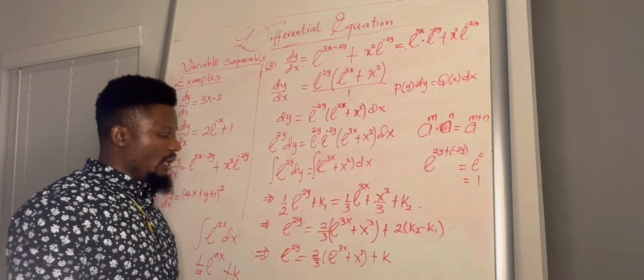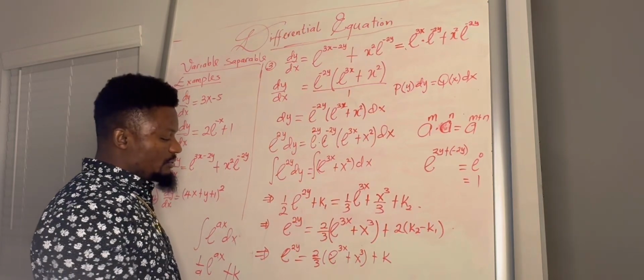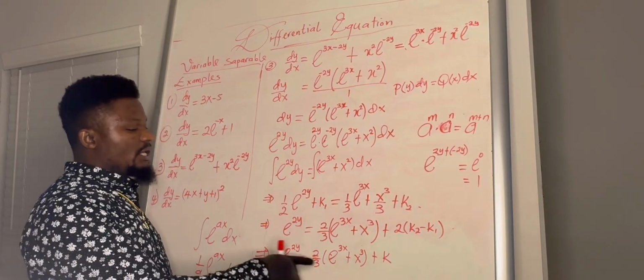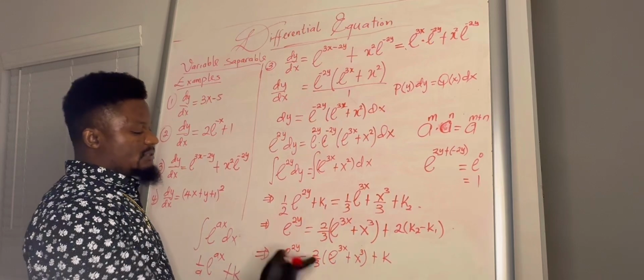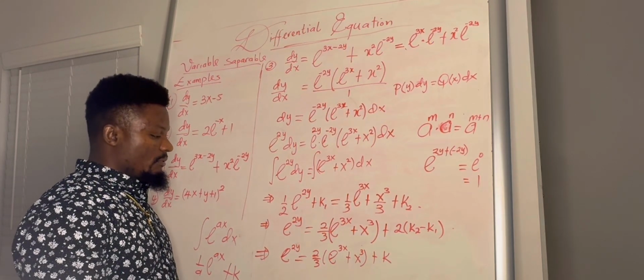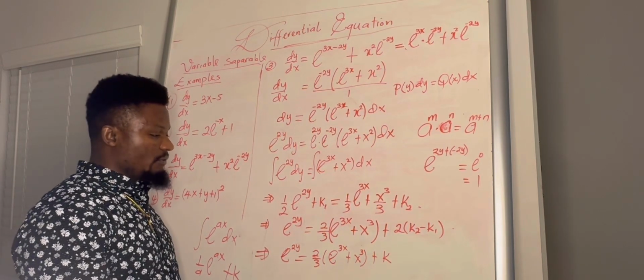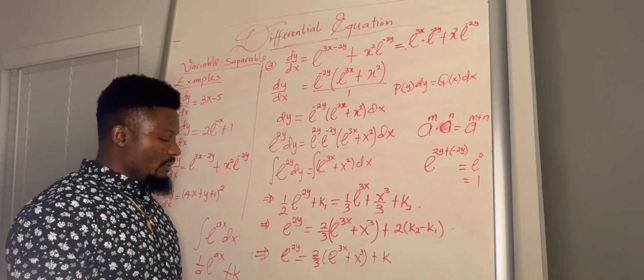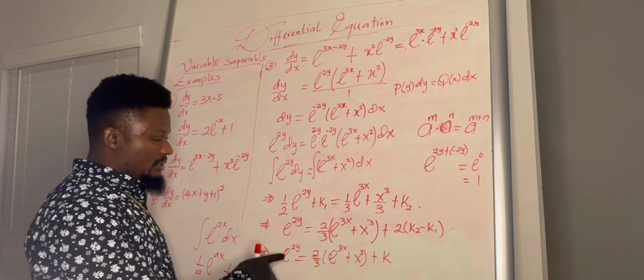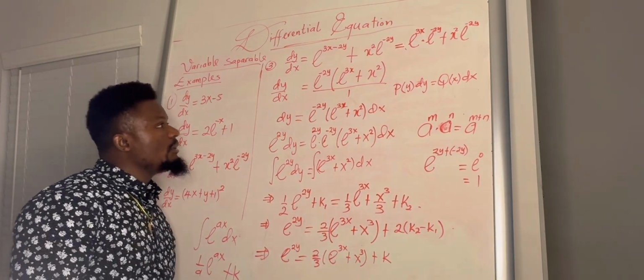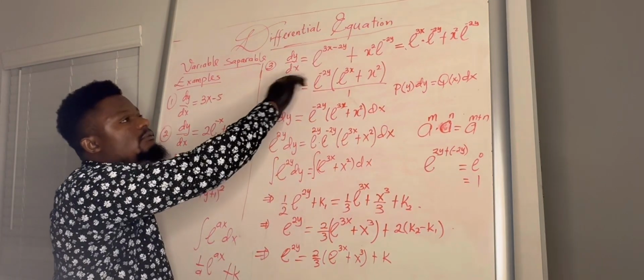It's still a constant, k. So this is the general solution of, now I can continue taking ln of both sides and making y the subject of formula. That's no problem. But then this is the general solution of this differential equation.